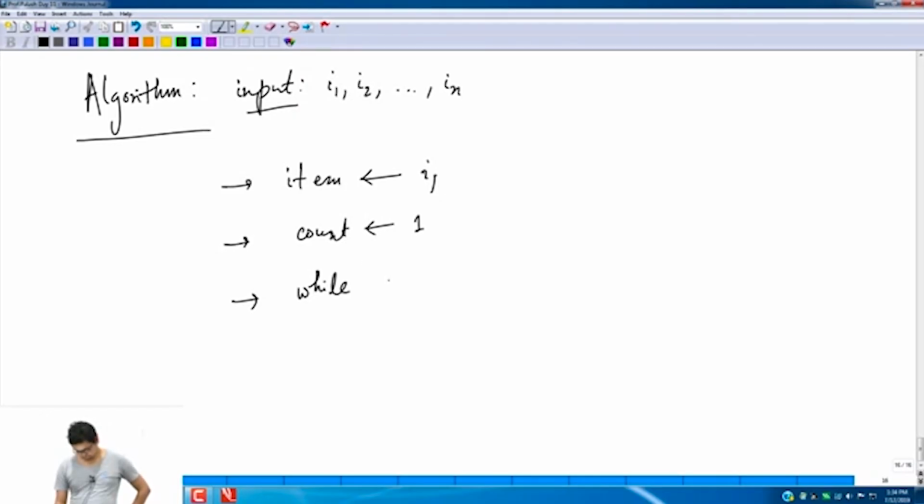Now, while there are more items, that means we haven't reached the end of the stream, while there are more items, let item prime be the next item.